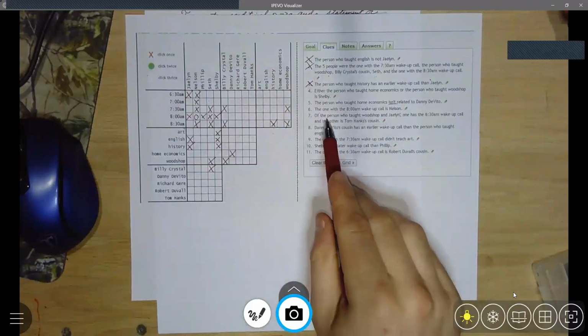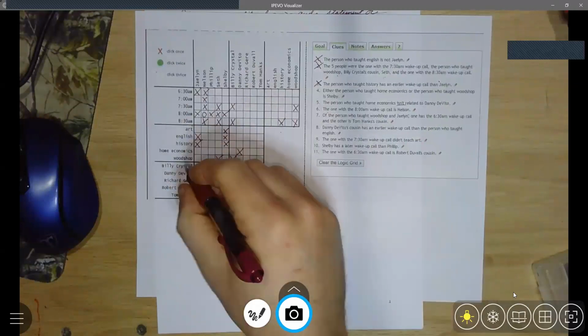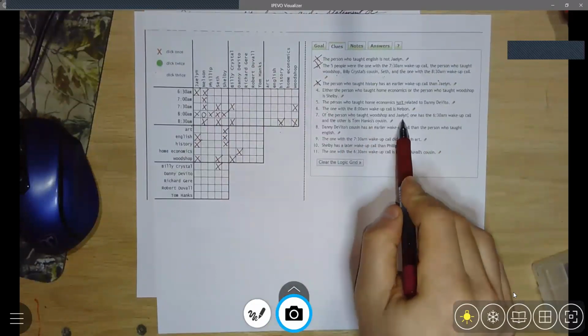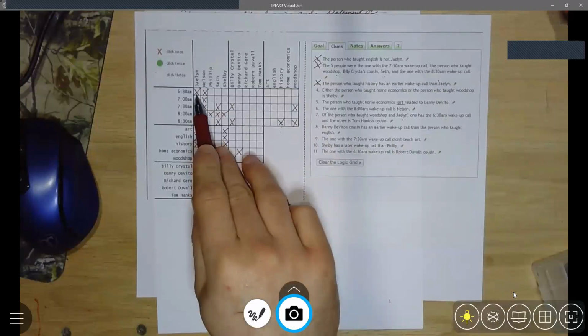Of the person who taught woodshop and Jalen, one has a 6:30 a.m. wake-up call, and the other is Tom Hanks' cousin. So these are 2 different people; in other words, Jalen does not teach woodshop. One has a 6:30 wake-up call, and the other is Tom Hanks' cousin. Well, we know Jalen cannot have the 6:30 wake-up call. We already established that.